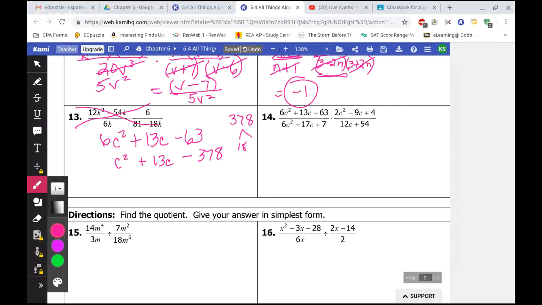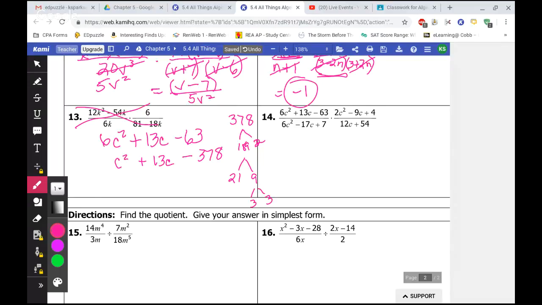Okay, so 189 and 2. And then I'm going to do 9 and 21, which gives me 3.